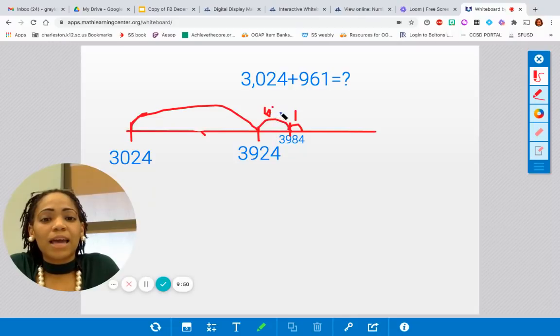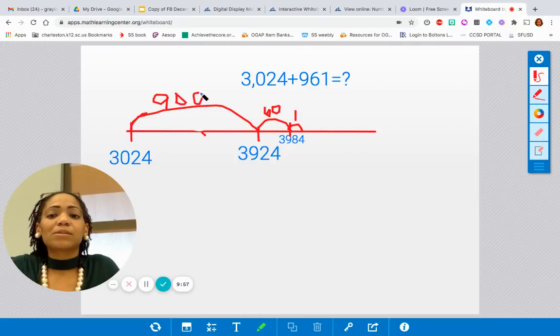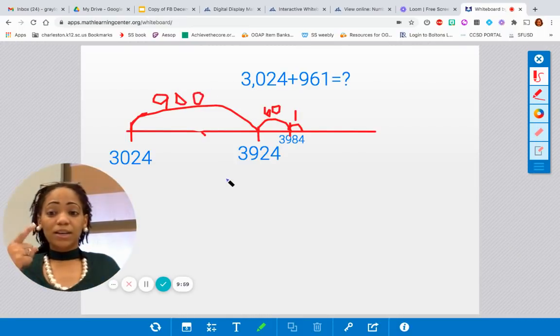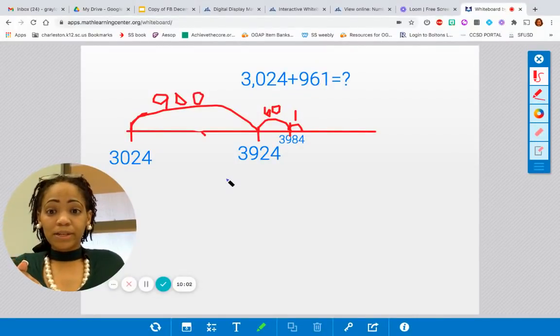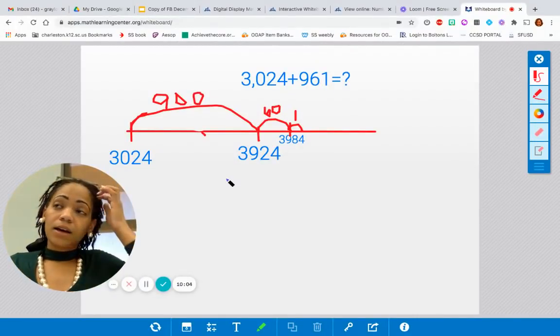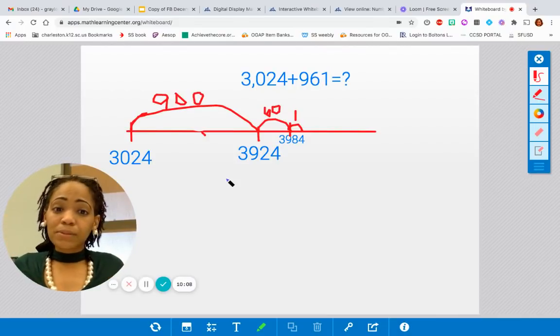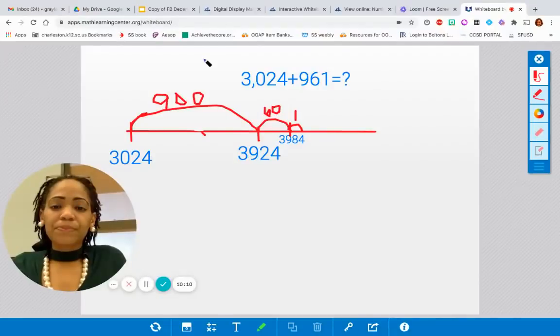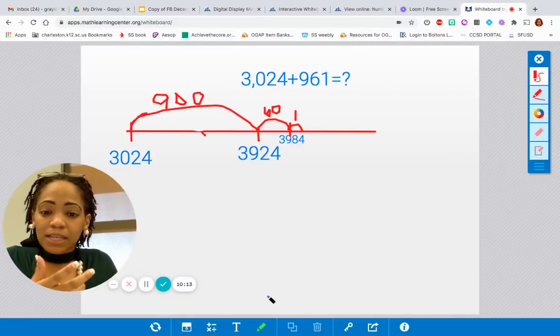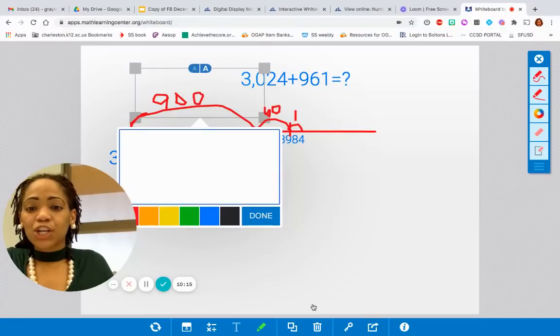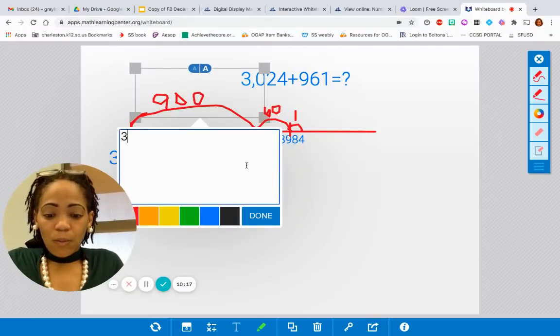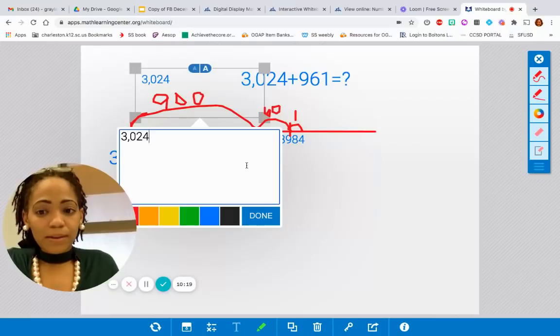If you didn't get that, you might want to check your work. Okay? So that's one of the strategies. And it's probably out of those three, whether I'm jumping to a friendly number and then jumping the rest of the distance, or I'm jumping by a friendly number that didn't really work for this problem, I can chunk. But guess what else I can do? The standard algorithm. So that might even be the best thing to use for this problem.